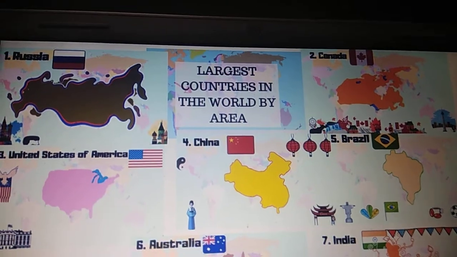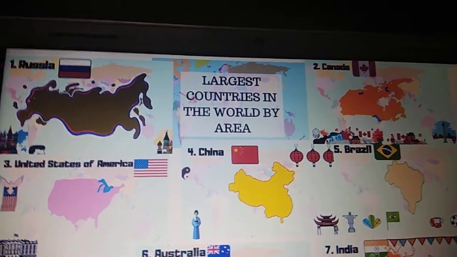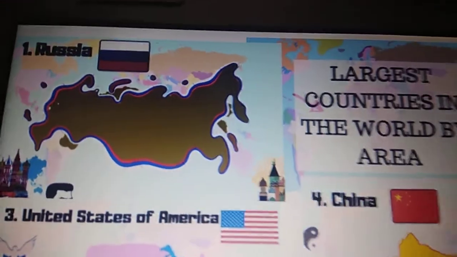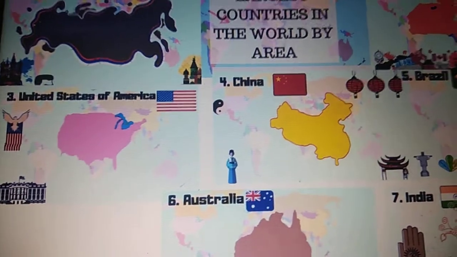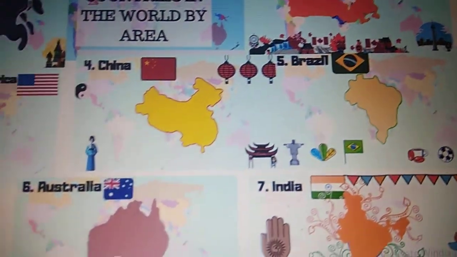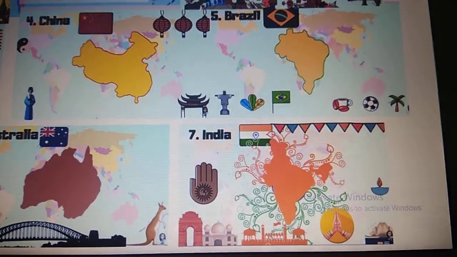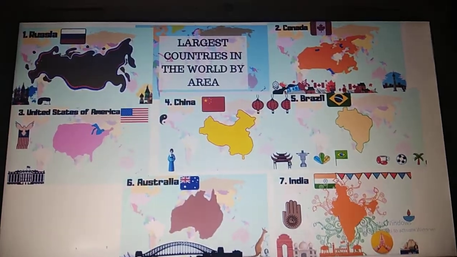Now children, India is the 7th largest country in the world in terms of land. Area wise, you can see which is the first one. It is Russia, second is Canada, third is USA, fourth is China, fifth is Brazil, sixth is Australia, and seventh is India. So we are the 7th largest country in the world.